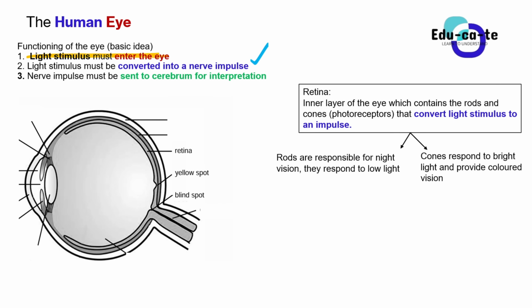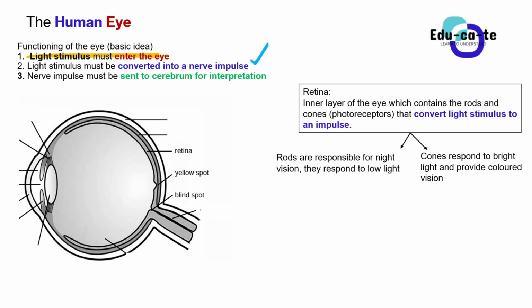Remember, in my videos when I was presenting to you about nerve impulses, I said that the stimulus is the outside or environmental condition, and for that environmental condition to get to your brain, to the central nervous system, it needs to be a nerve impulse.